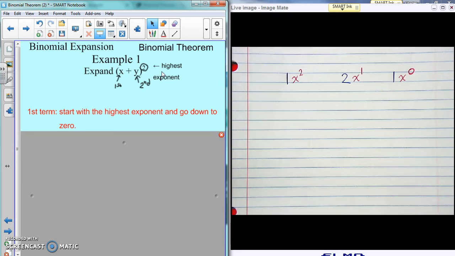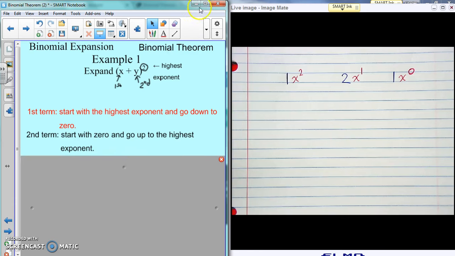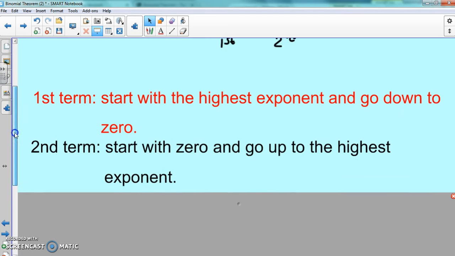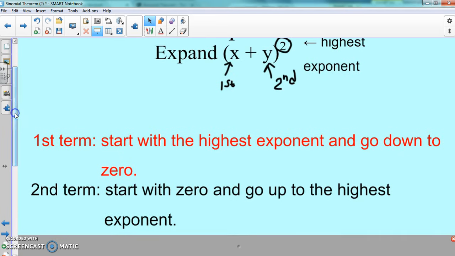And then we get our second term. Let's make that bigger also. For the second term, we're going to start with 0 and go up to the highest exponent. So we again start with 0 this time and go up to the highest exponent. Our second term is y.